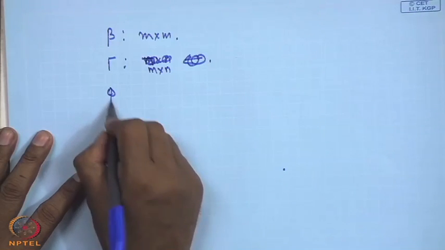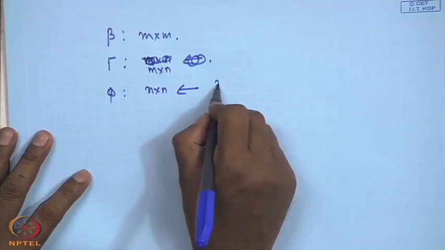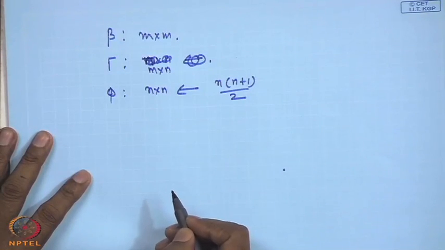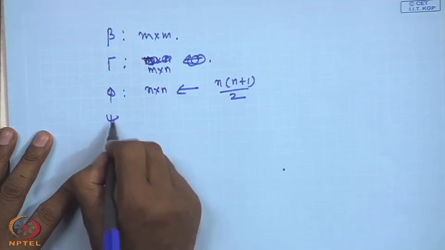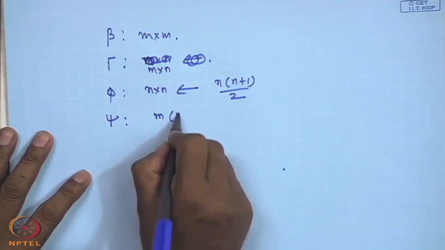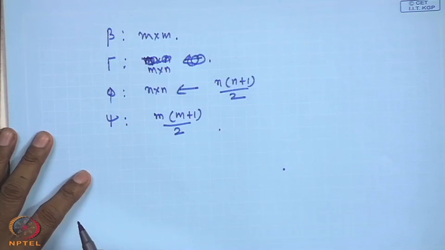Your phi is actually an n cross n matrix, but because of its symmetric nature it is n into n plus 1 by 2. And similarly psi, the number of parameters to be estimated is m into m plus 1 by 2. Okay.